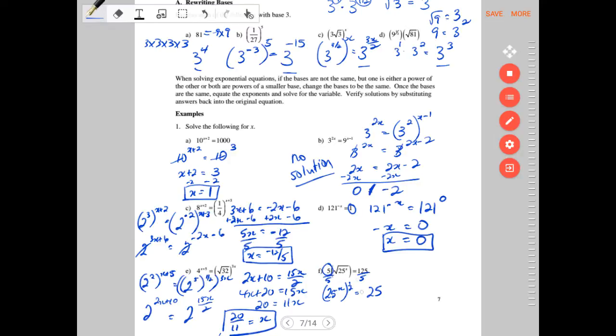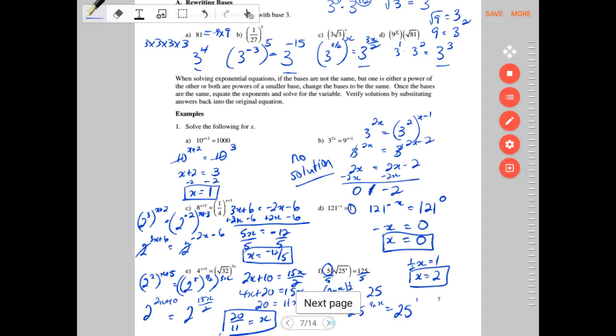So 25 to the 1/2 x equals 25 to the power of 1. The bases are the same, so now I can make my exponents equal. So 1/2 x equals 1. Multiply both sides by 2 to get rid of the dividing by 2. So x equals 2, and that's all finished. So that is solving by equating the bases.